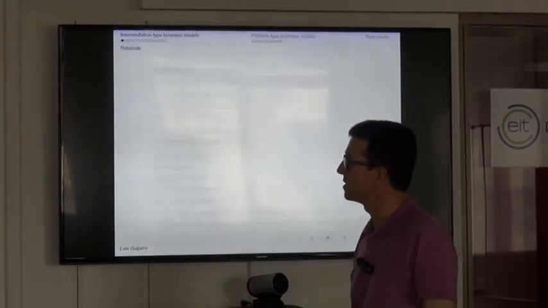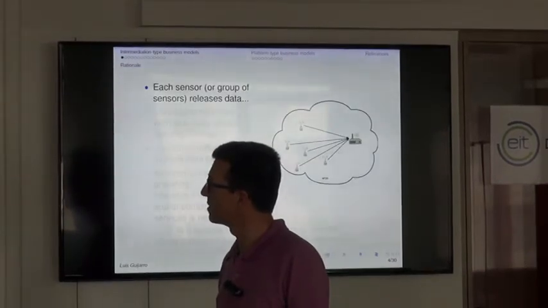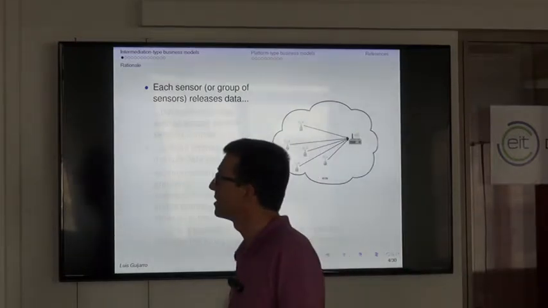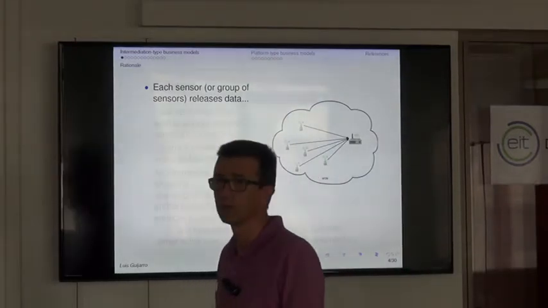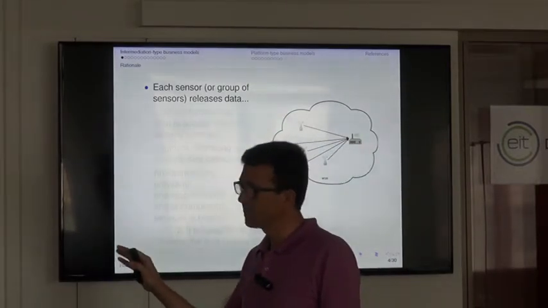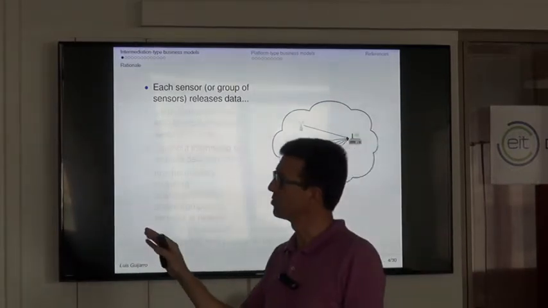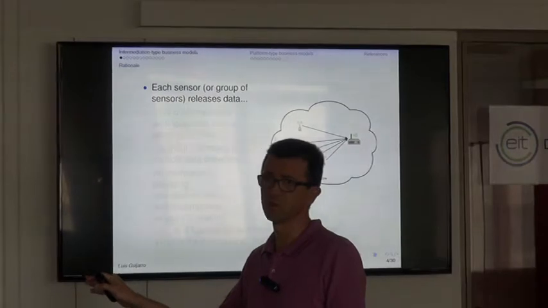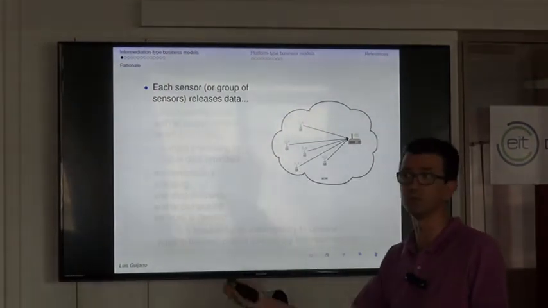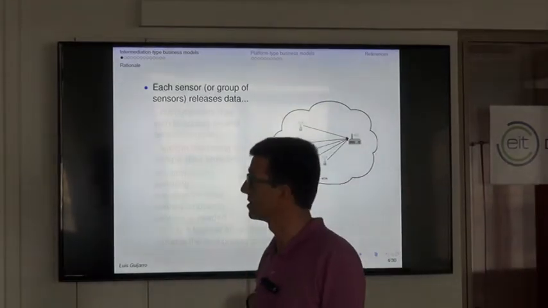Okay, so the first business model, the intermediation type, is quite easy to understand, because the context will be the following. Say that we have one sensor or a group of sensors, say wireless sensor networks. I must say that I will be applying the economic models I will be presenting to the wireless sensor network scenario, but most ideas can be translated to other technology scenarios or to other network scenarios.